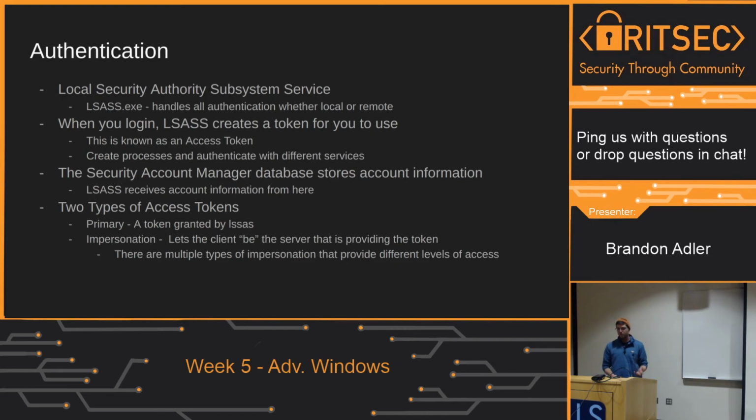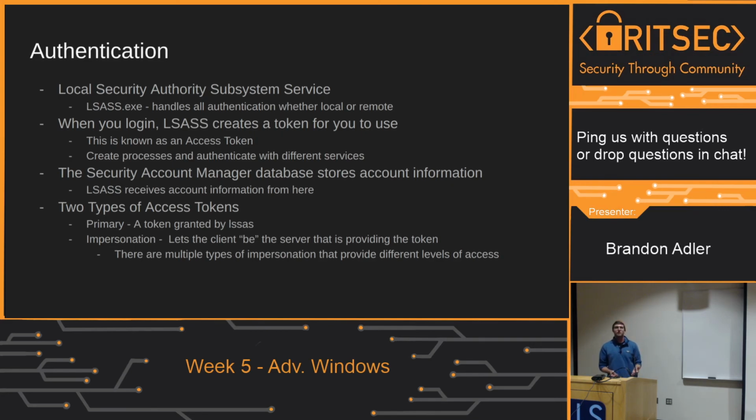There are two types of access tokens. A primary one, which is granted by LSAS. This would be the equivalent of when you log in to your box, cool, you have a primary token. Or you can actually impersonate another user. This is a special one that's not done very often. It's used sometimes with services.